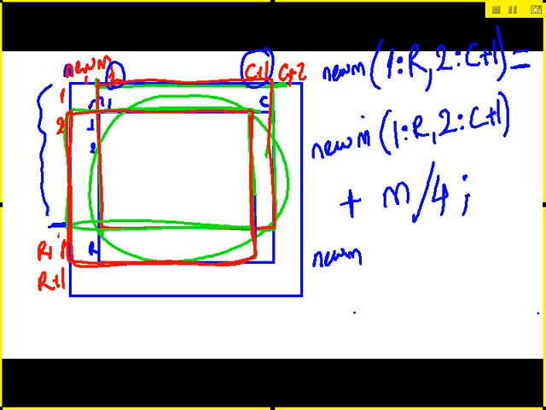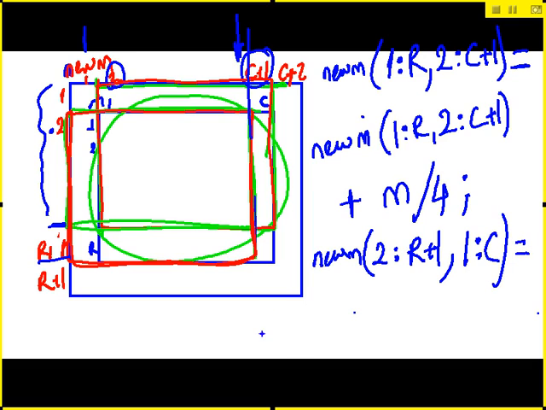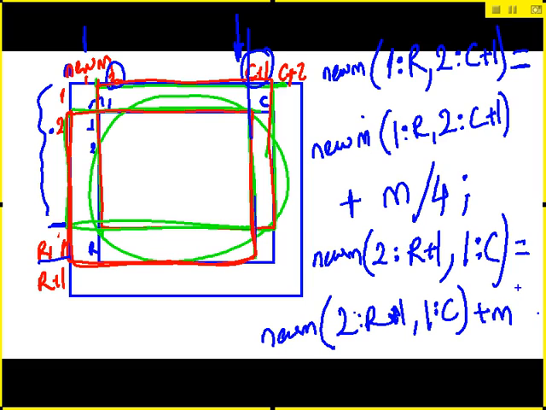So we'll say new M, second row, all the way to R plus first row, comma, first column, all the way to column C. And then equals, same thing, whatever is in that currently, plus M divided by 4. So we took a quarter of the numbers and moved them to the left.